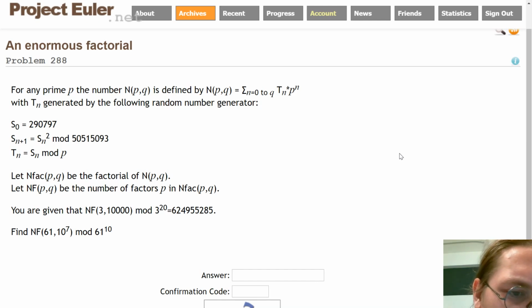It's not a random number generator, but okay. Let n fac p be the factorial of np. I would like to know the solution, but we cannot find this.